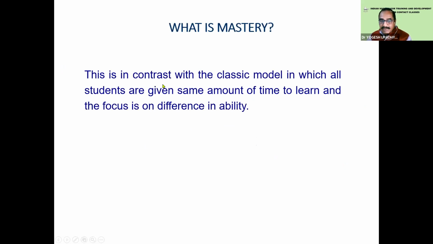So there's a contrast with the classical model, in which all students are given the same amount of time to learn and the focus is on difference in ability. They say, okay, one year, eight hours, lecture, all. But they will be different, 60%.